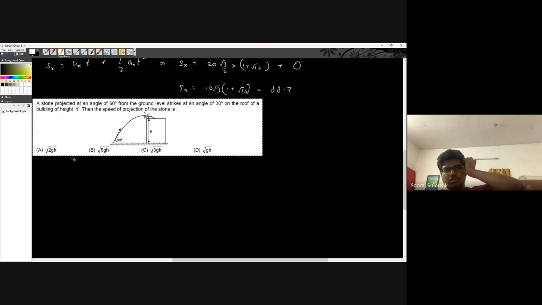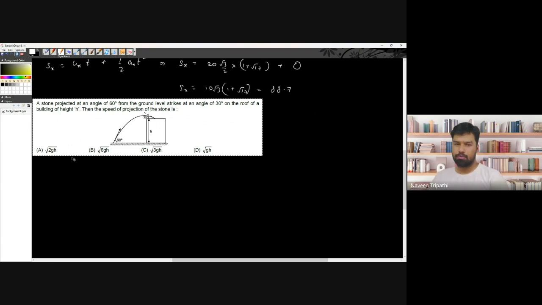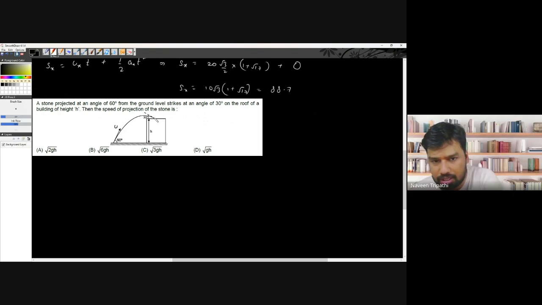The angle at which it strikes the roof of the building is half of the angle at which it is projected. What you have to do here is, I'll tell you the method also. Assume, write the initial velocity as u, final velocity as v.